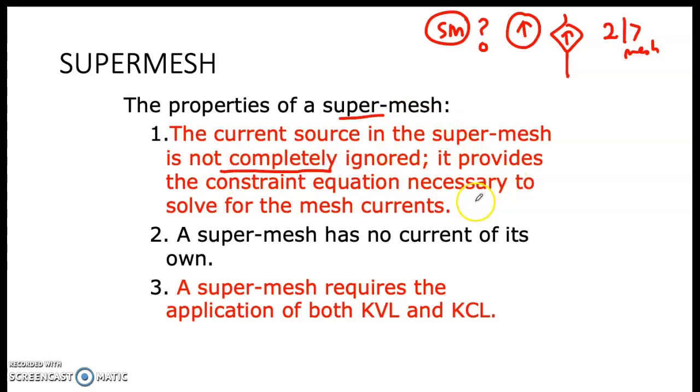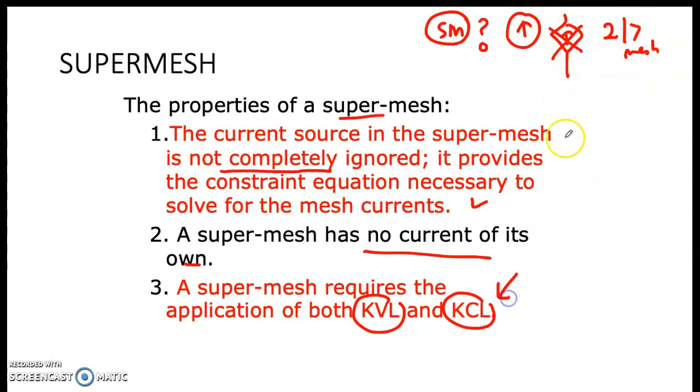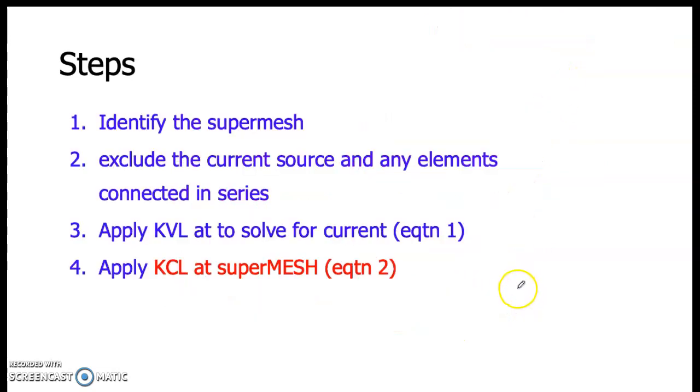It provides the constraint to solve the mesh current. A super mesh has no current of its own, so it requires both KCL and KVL. At first you're going to ignore that one and make the KVL, but at the last step you need to include that one and use the KCL. I will show you after this.